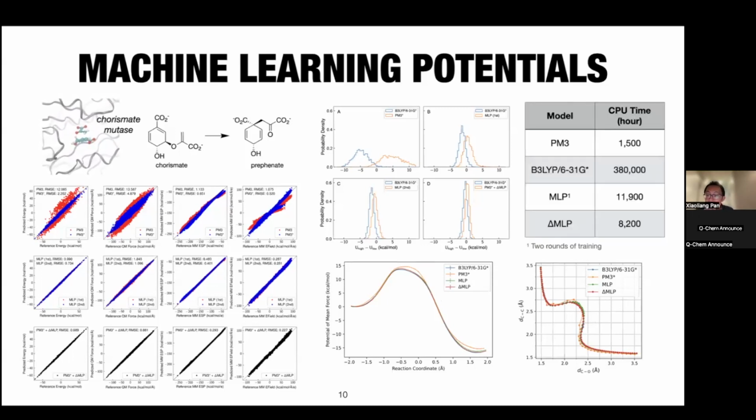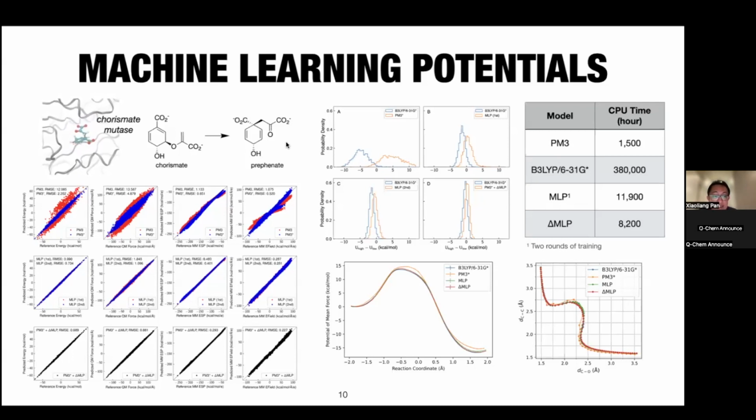And lastly is the cost. The machine learning potential is more expensive than empirical models, but it's still an order of magnitude cheaper than the DFT one. Also, one thing you need to keep in mind in terms of cost is both empirical and DFT have either cubic or higher scaling.